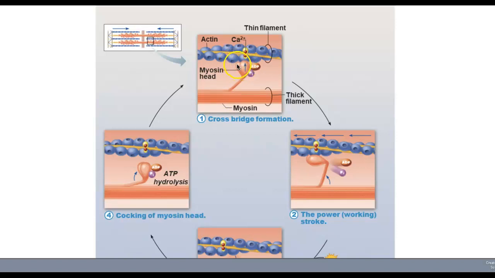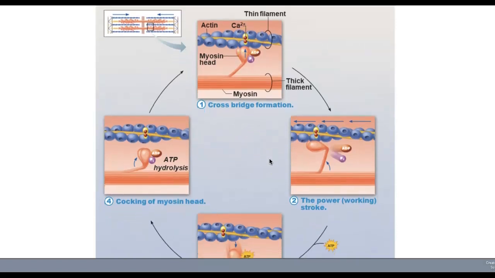So remember, there's myosin binding sites on the actin molecule, and then there's actin binding sites on the myosin molecule. So the myosin head reaches across and binds to actin. That's cross-bridge formation. That refers to the fact that there is now a physical connection between the thick filament and the thin filament, the cross-bridge.